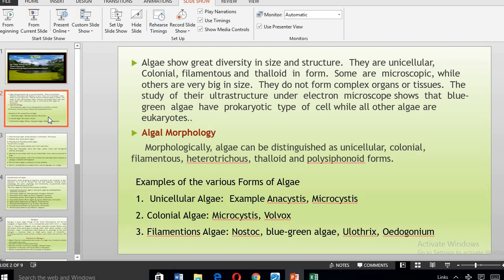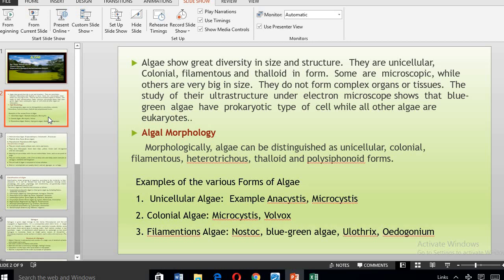I've already told you what colonial is. Those are a colony of several cells. Filamentous, they're just filaments coming together. Now, heterotricus means that the algae has two types of branches, where the thallus is partly prostrate and partly upright.